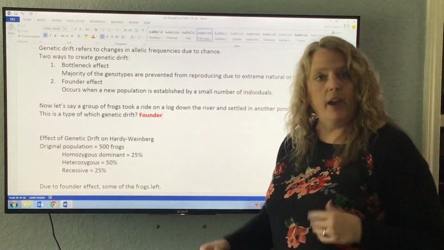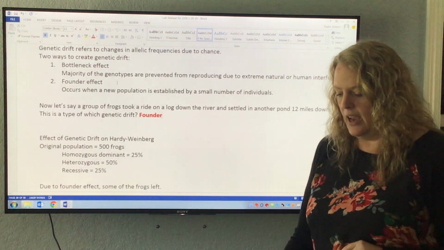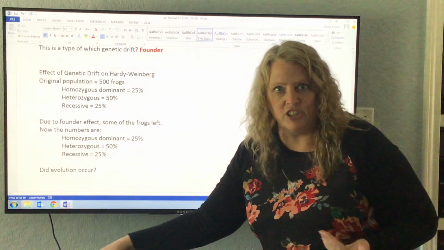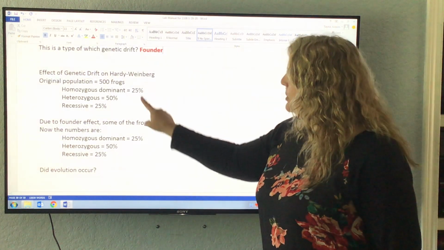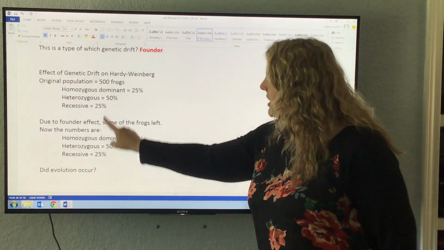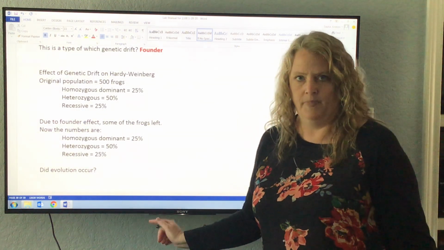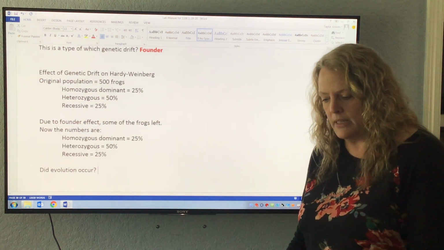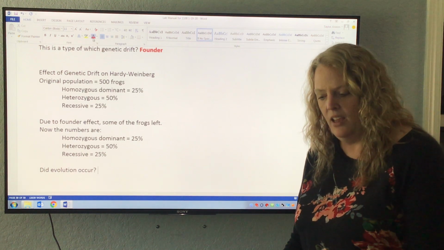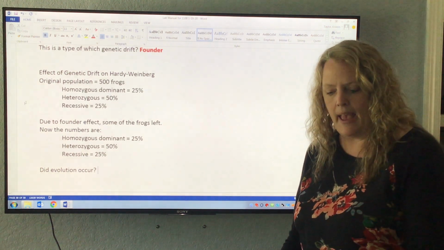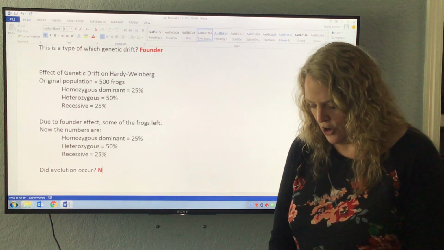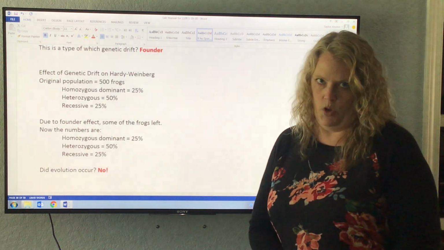And frogs got separated because of founder, and let's see what happened 50 years later. And we can see the numbers are the same. So if the numbers are exactly the same as the baseline, did evolution happen? Hopefully you wrote down on your paper, no, okay?